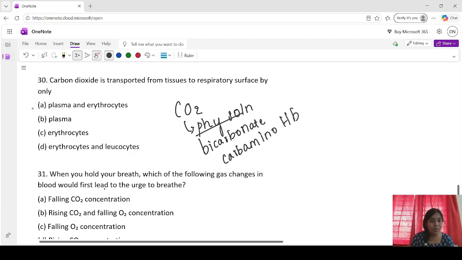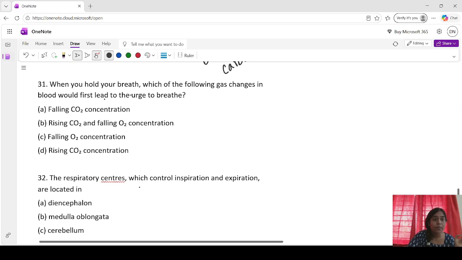By this, you would understand the answer is plasma and erythrocyte, because a very small amount of carbon dioxide dissolves in the plasma and is carried as the physical solution. And also 70% of the carbon dioxide released by the respiring tissue cells diffuses into the plasma and then into the erythrocytes. So now this involves plasma and erythrocytes.